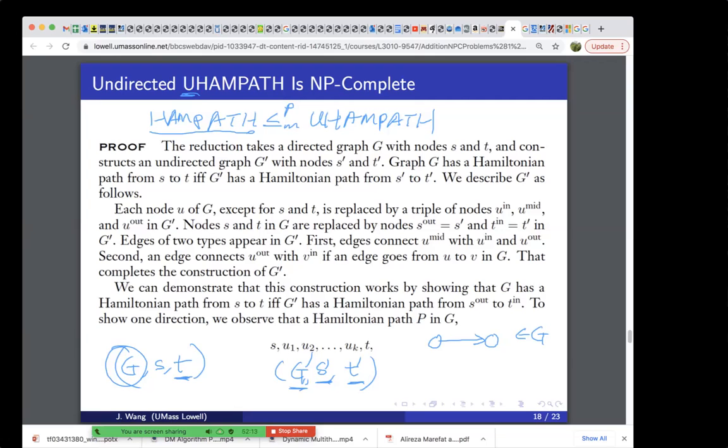So let's call this U, and let's call this V. For U, I create three nodes: U in, U mid, the middle, and U out.